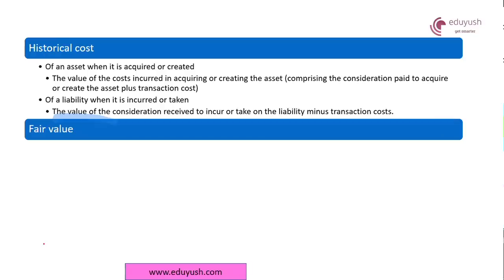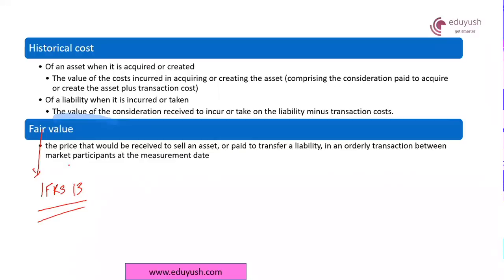The next concept is called fair value. When I talk of fair value, there is an accounting standard called IFRS 13, which deals fully with fair value measurement. It is the price that would be received from the sale of an asset. That means it's an exit price.